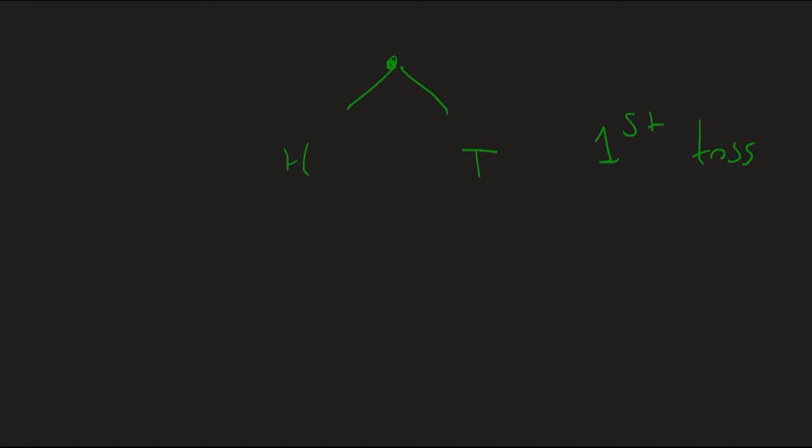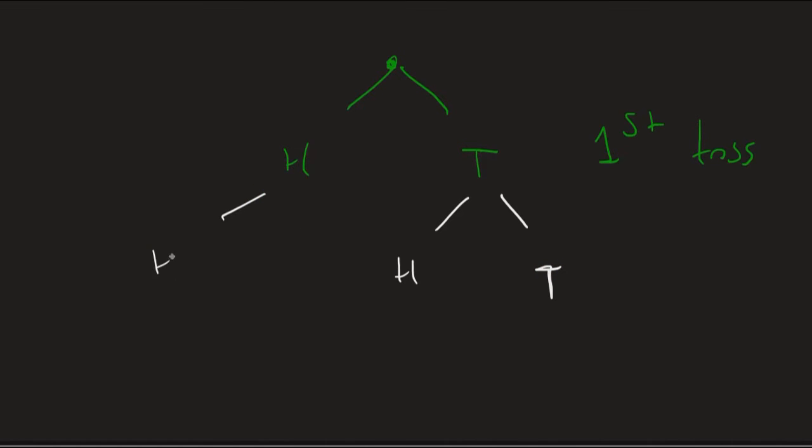So if we were to flip the coin again, say for the sake of argument we landed on tails first, then the coin has no bias still. It's still a 50-50 coin, heads or tails. So the next two possible outcomes after tails are going to be heads or tails again. And similarly, if we had landed on heads first, the same two outcomes are possible, H or T.